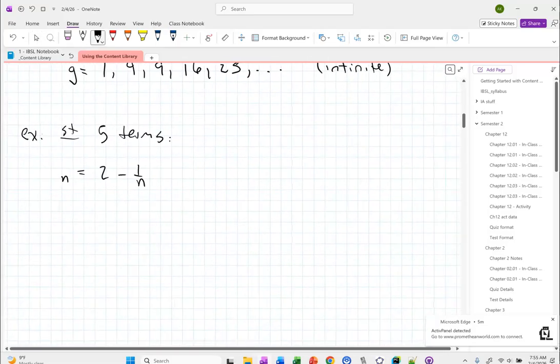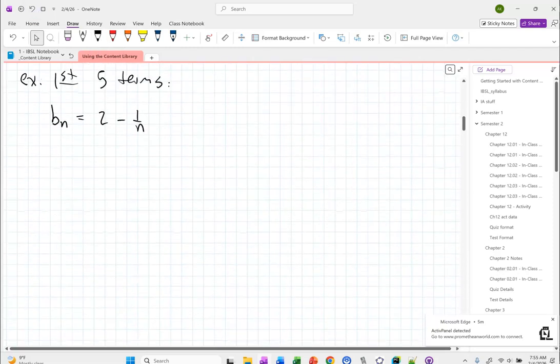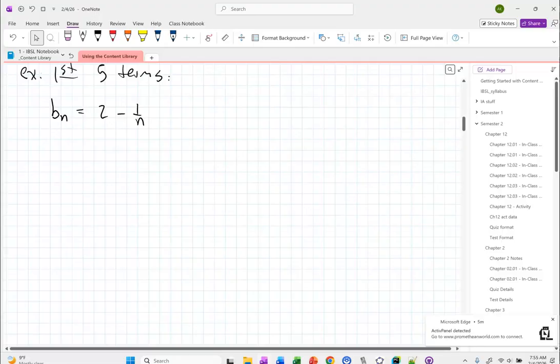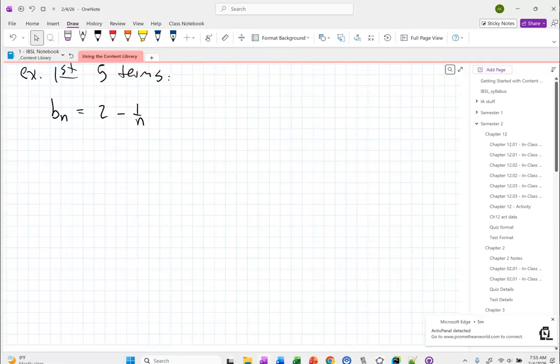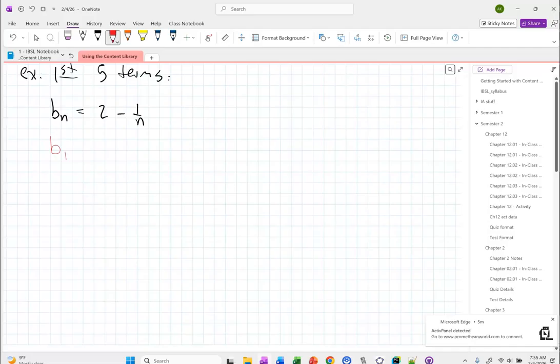So for example, if I asked you to give me the first 5 terms of the sequence b sub n is equal to 2 minus 1 over n. Well, to write the first term, I'd write b subscript 1.